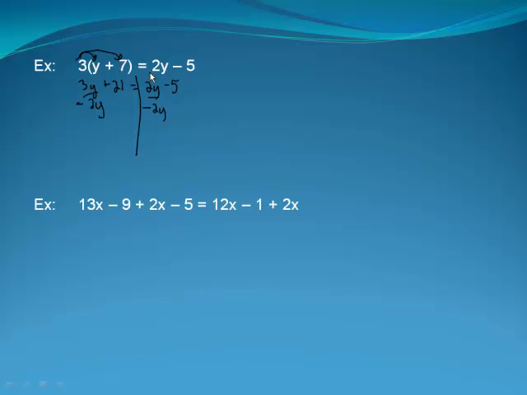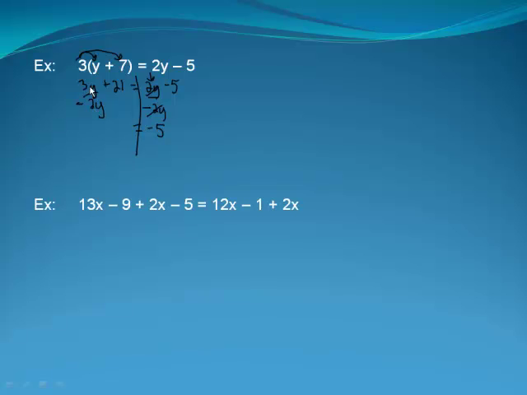The reason I subtracted is because this 2y is positive and the opposite of addition, or the opposite of positive, is negative. So right-hand side, 2y minus 2y is 0, and the y term is gone from the right-hand side, leaving me with negative 5 on my right-hand side.